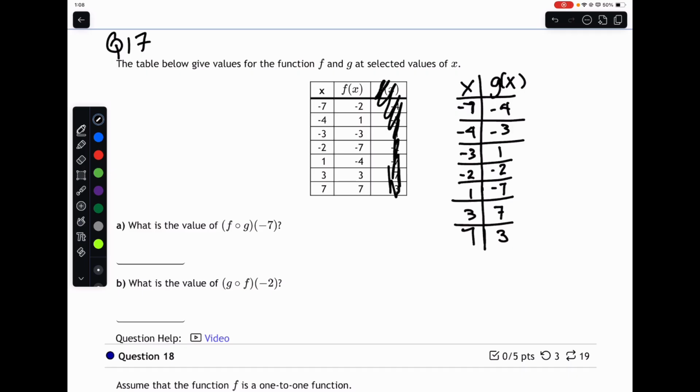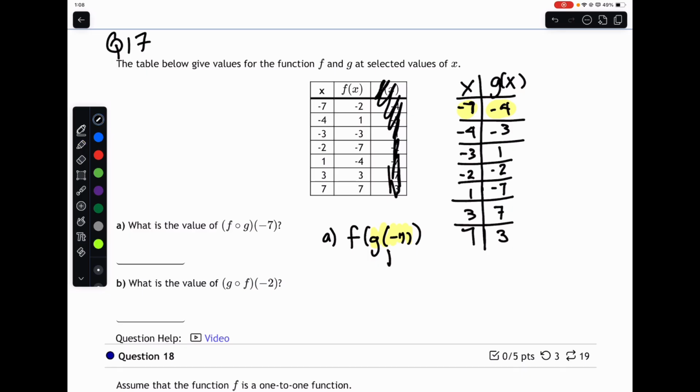So to do this evaluation for part A, step 1 is to first figure out what does g of -7 equal. So what is the inside part going to simplify to? Since g is the function on the left, we're going to do -7 and see that the y value is -4.